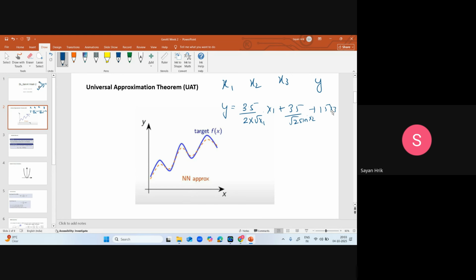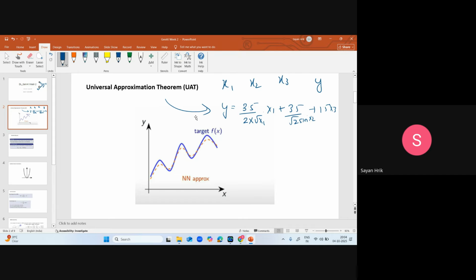Suppose this is a real relation between x and y. If I build a very complicated neural network with a lot of hidden layers and a lot of neurons, I will be able to learn this and predict this actual relation as well. That's the main idea. However complicated your real relations and functions are, if you build a deep neural network, you can always learn and approximate that function.